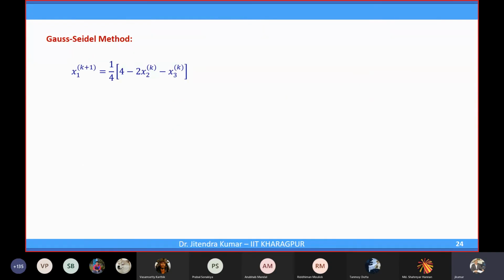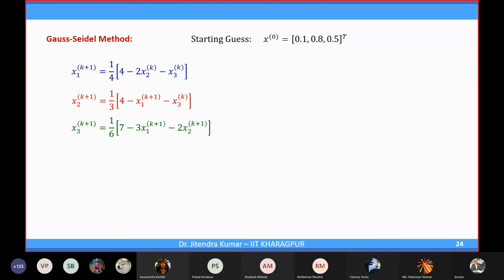Okay, so the Gauss-Seidel, again here x1, x2, x3, and the initial guess is given. The only difference here is that this is k plus 1, and here both the places k plus 1. That is the only difference.